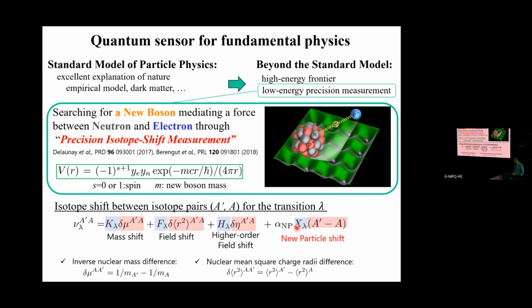But these nuclear factors are very difficult to evaluate theoretically at the current precision of nuclear theory. So the direct comparison between theory and experiment for isotope shift is hopeless for getting information about the new particle.